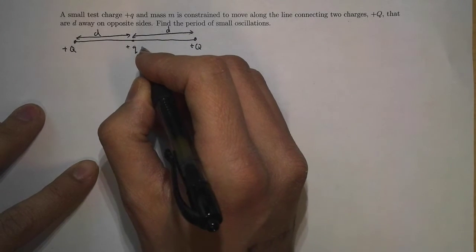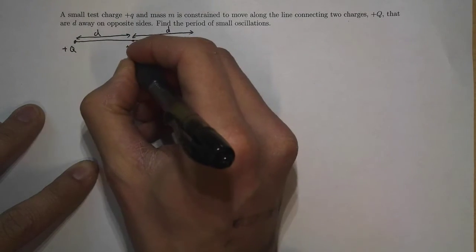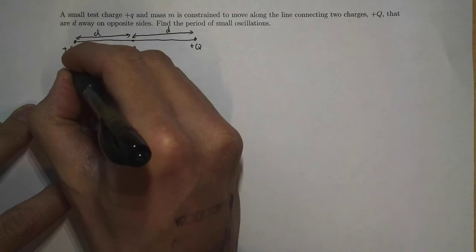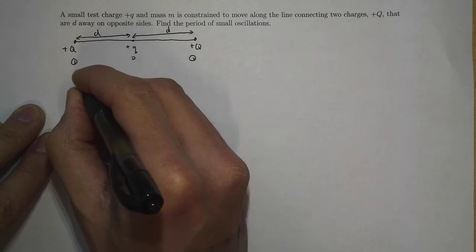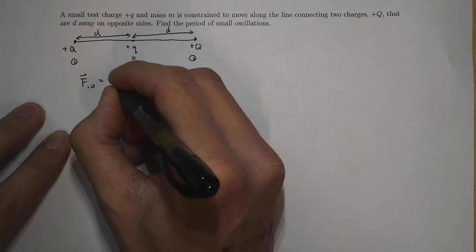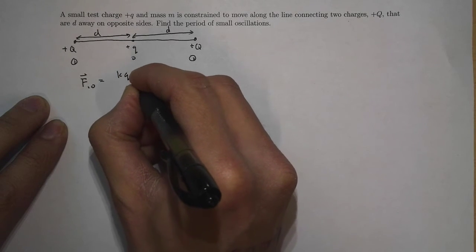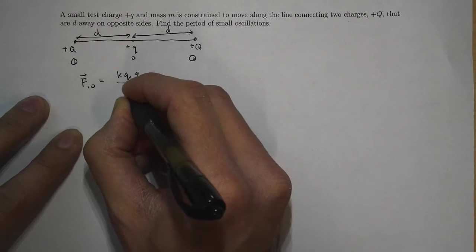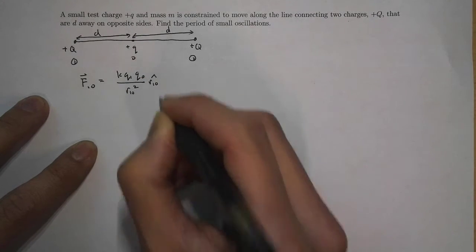So let's consider the forces on q by, we'll call these 0, 1, and 2. So the force on 0 is going to be k Q1 Q0 over R10 squared R10 hat.